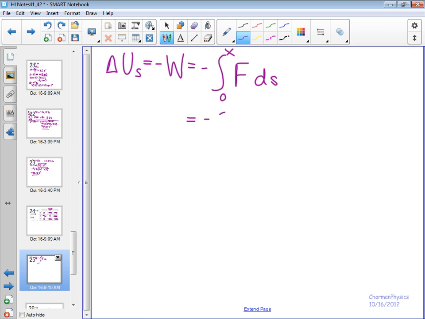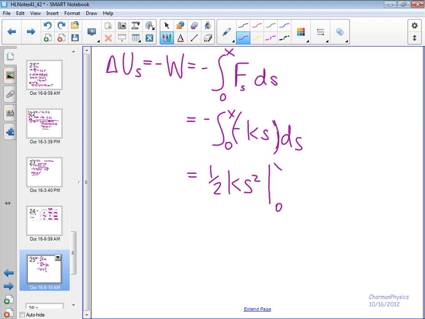what we end up with here is the following. Remember, we're talking about the spring force, and we're going to call this s here. When we evaluate this, it's going to be 1/2 k s squared from 0 to x. So basically, it's 1/2 k x squared that the change in potential energy is going to be equal to.